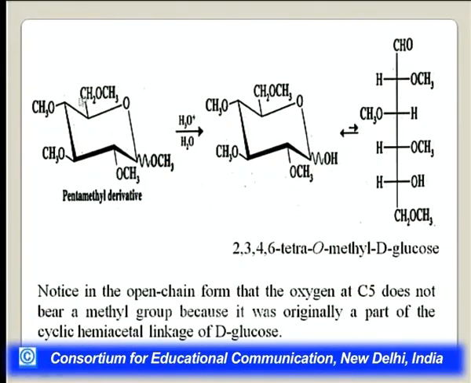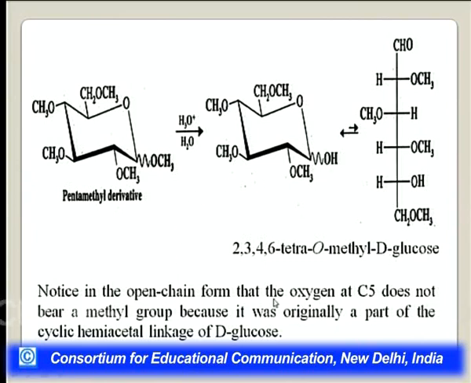Here you can see on hydrolysis this C1 group gets changed, but the groups at C2, 3, 4 and 6 will not. So you can see 2,3,4,6-tetra-O-methyl-D-glucose.